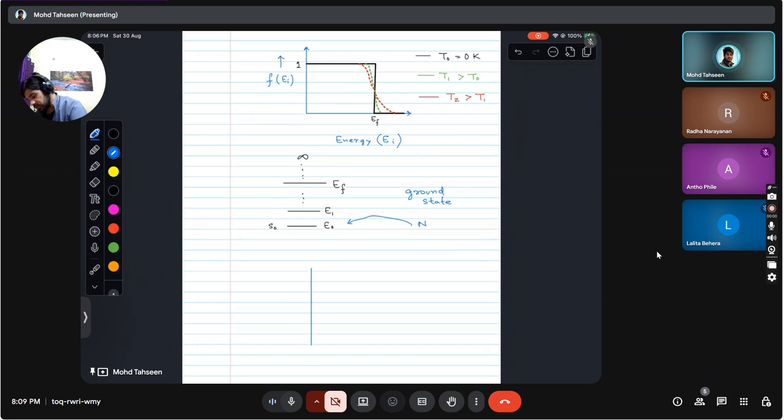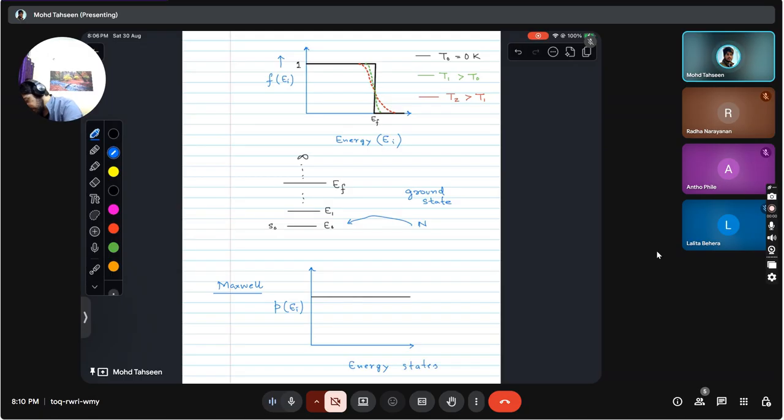Sorry, we are going over time, but I will just conclude with this final point. If we draw a similar diagram, let me call it P of Ei, against energy states, for Maxwell-Boltzmann. What we observe is that the distribution changes like this. First at 0 Kelvin, we are plotting probability for all energy states.